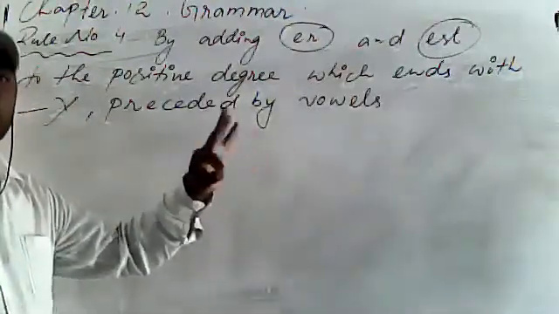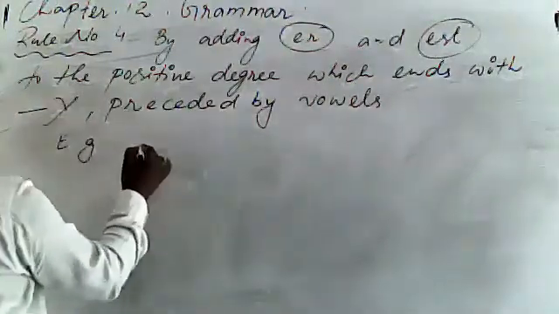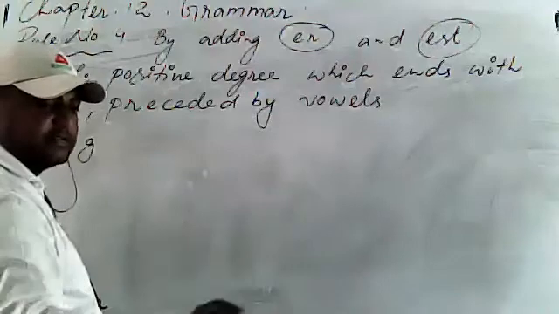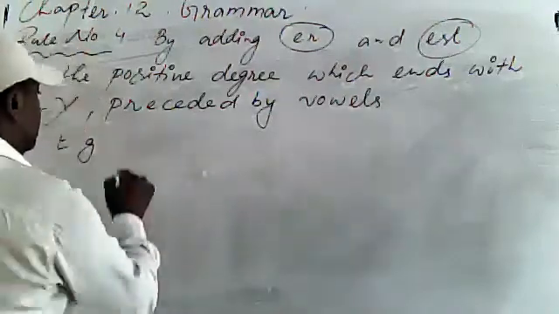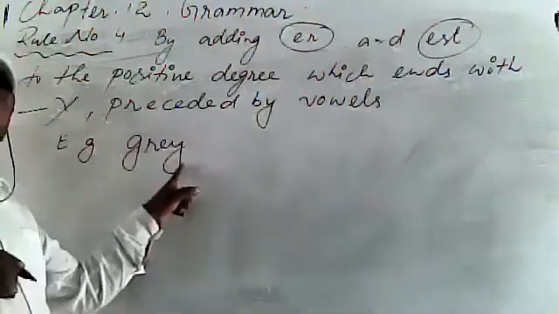The reason is that now in this case there is one word example. Let us see an example. Here I am writing one example. Look at the example, students. The example is gray, G-R-E-Y, gray. What is the last letter?